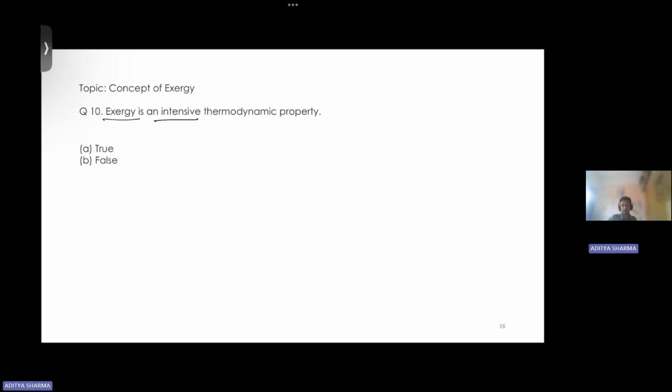They depend on the extent, right? Entropy also depends on the extent, right? So entropy is also an extensive property, right? So in that way, this becomes a false statement, right? Because exergy is an extensive thermodynamic property. So this becomes a false statement.